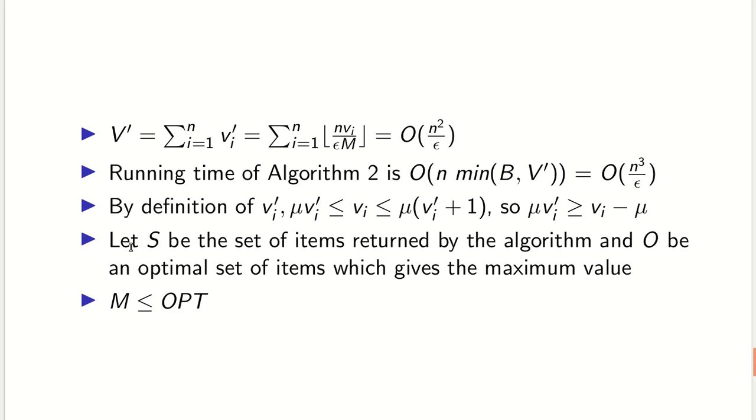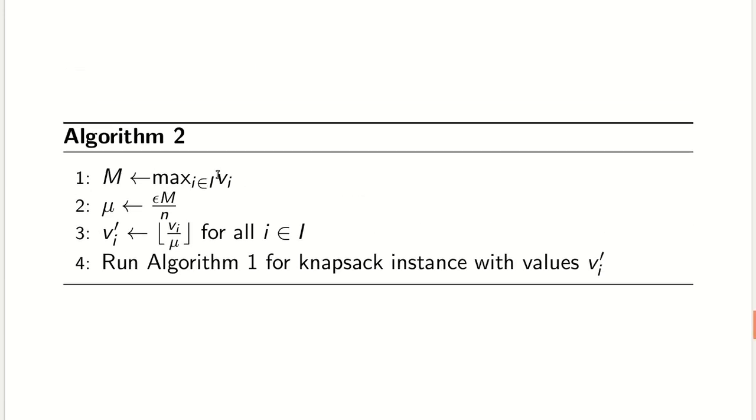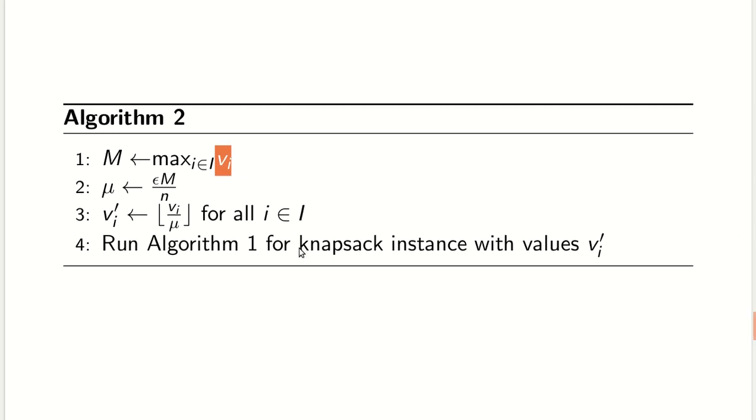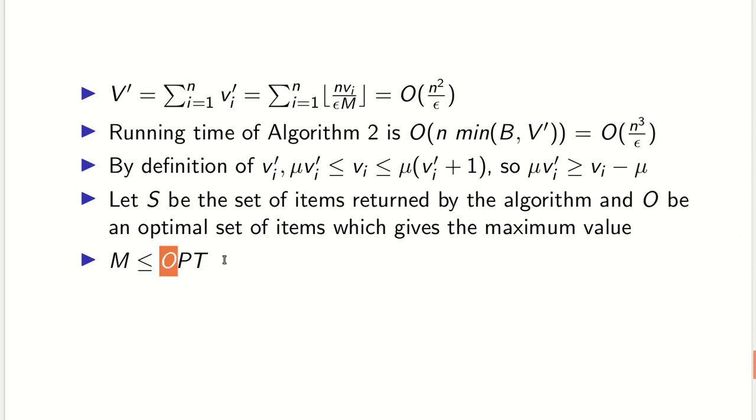So let S be the set of items returned by the algorithm, and O be an optimal set of items which gives the maximum value. Clearly you can see m is less than or equal to OPT, where m was the maximum possible value vi.